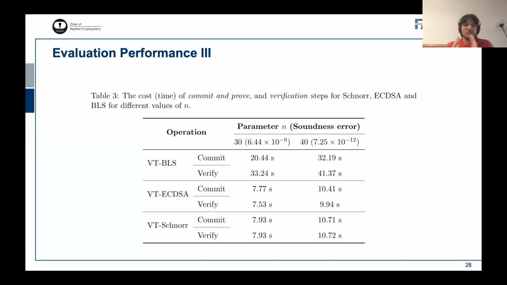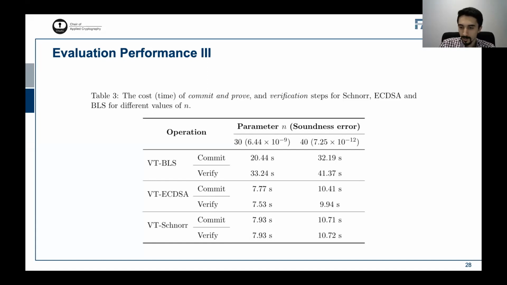I'm not too sure about the concrete numbers, but it's probably maybe around 100 kilobytes or so. It should be small.